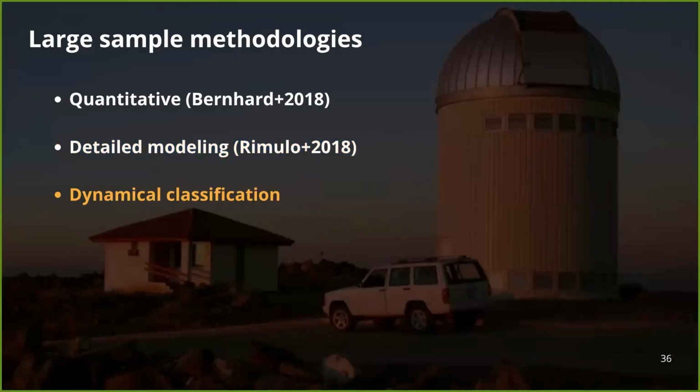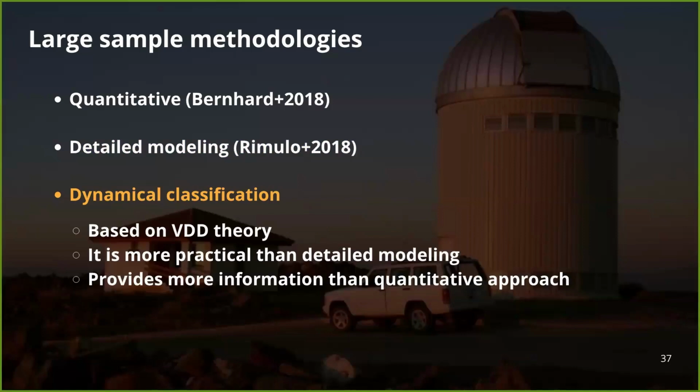So that's why we propose a third possibility, which is a dynamical classification. This is based on the VDD theory. So we use the VDD theory to interpret the photometric variability we are seeing.